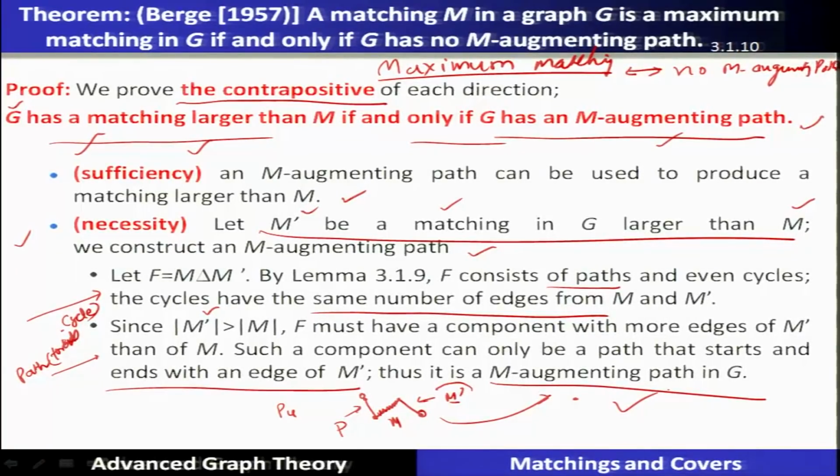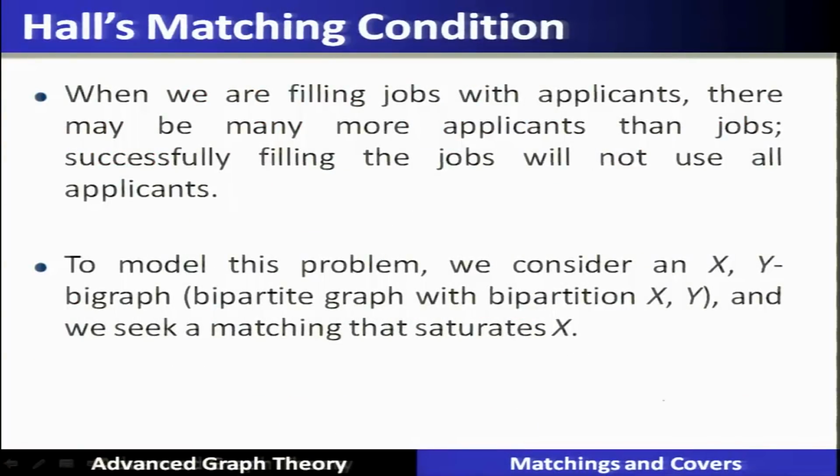So, a maximum matching in a graph is equivalent to saying that the graph has no M-augmenting path. Now, another theorem is called Hall's matching condition, or Hall's theorem, and we are going to see that. First we are going to see the use and then we will be proving it. When we are filling up the jobs with the applicants, we may see that there are many more applicants than the jobs, and successfully filling up the jobs will not use all the applicants.